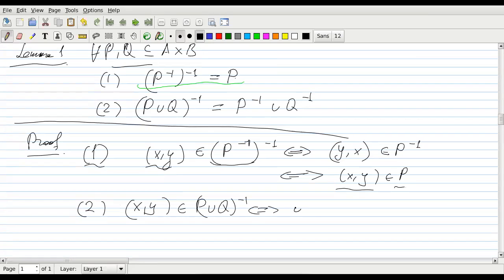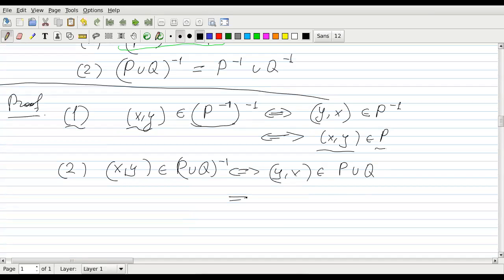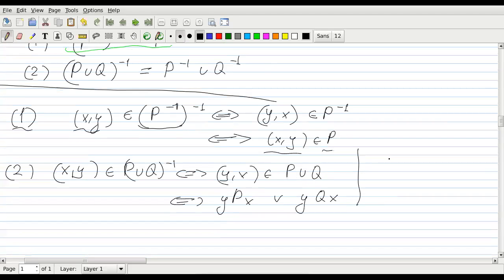That means that yx belongs to what? Just the union, P union Q, of course, which is just either yx belongs to P or yx belongs to Q. Do you remember our newly introduced notation that a R b is just the pair a b is an element of R?